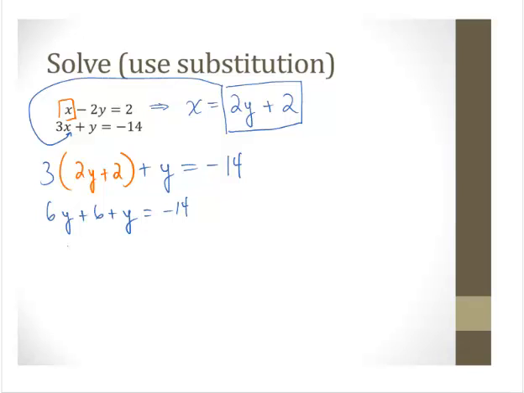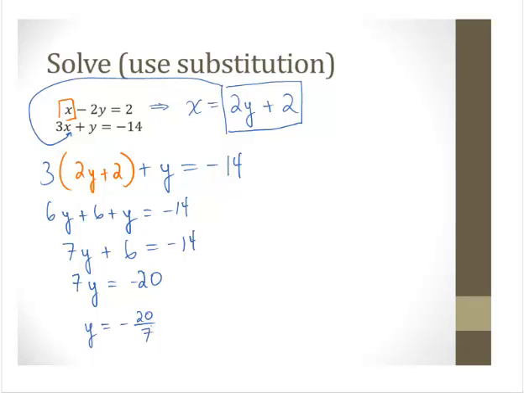So then 7y plus 6 is equal to negative 14. So then subtracting 6, 7y is negative 20. And then dividing by 7, y is negative 20/7.